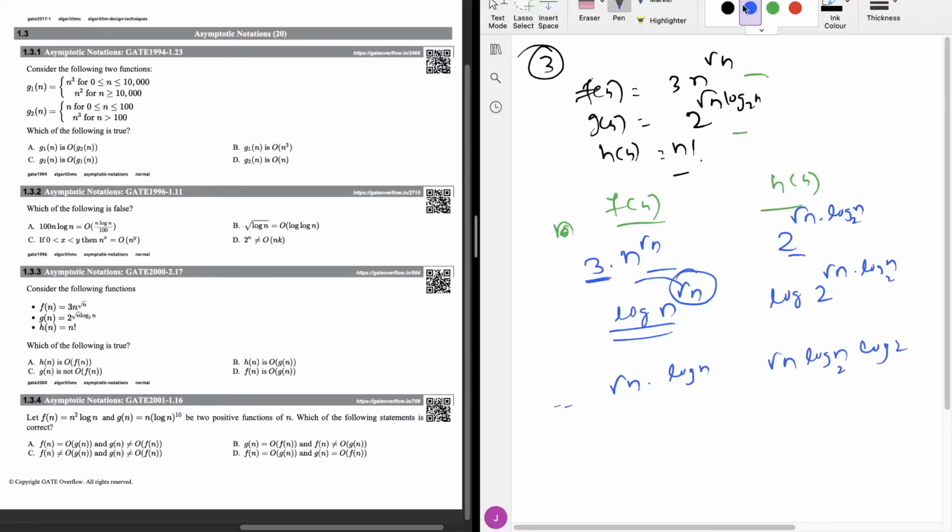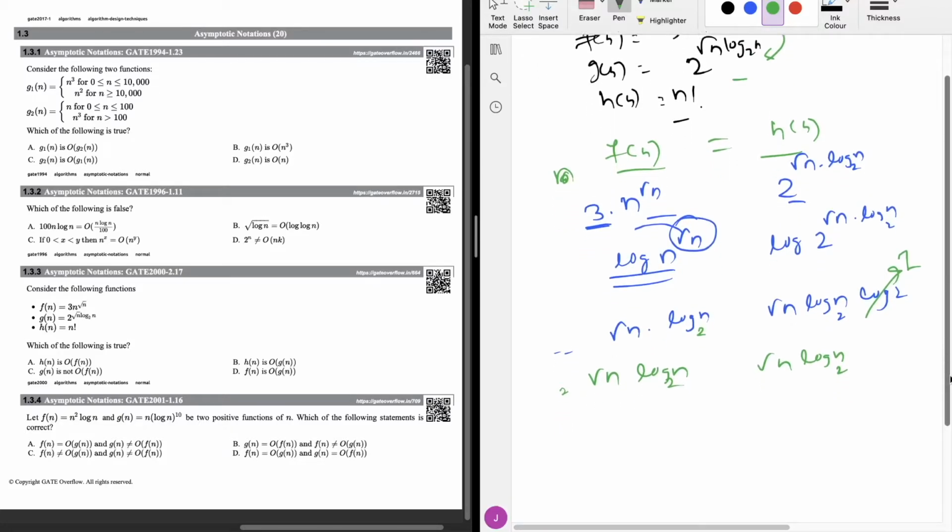If I take the logarithm base as 2, then this part gets cancelled, it converts to 1 because log 2 base 2 is 1. Now I have root n log n here, and here also I have root n log n, and the base is 2 here, right? So both are equal. So f(n) and h(n) are equal asymptotically. The functions are not equal, but asymptotically both are equal.